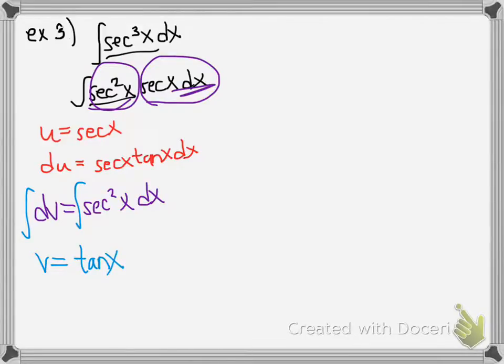This time I'm going to use the structure of my formula for integration by parts, which states that the integration of u dv equals uv minus the integration of v du.